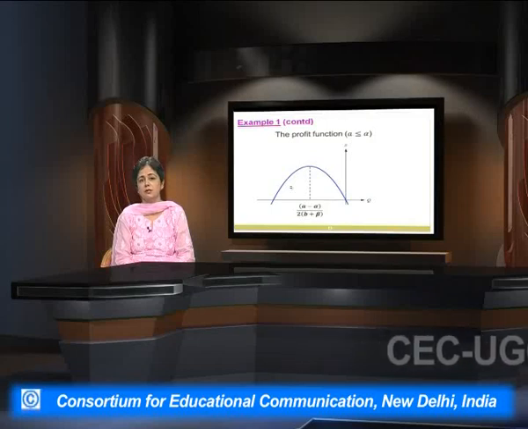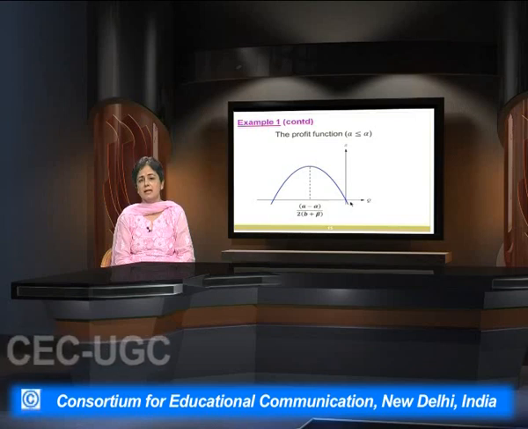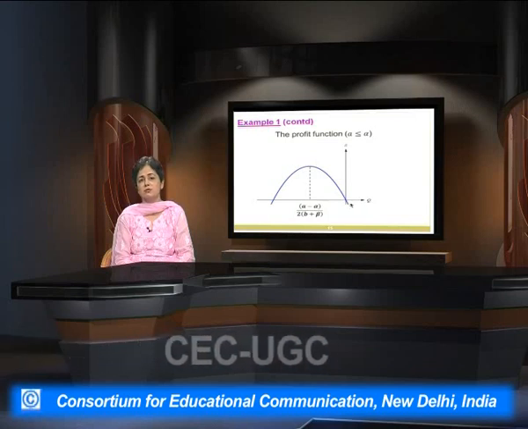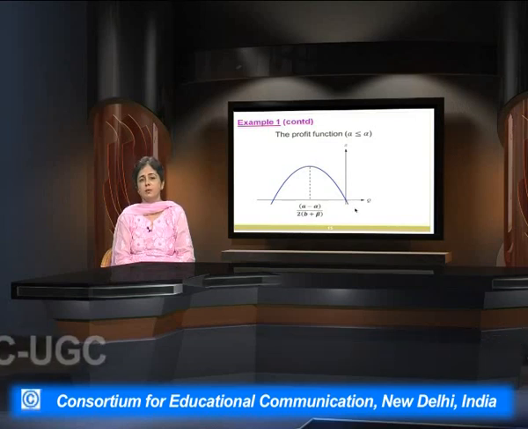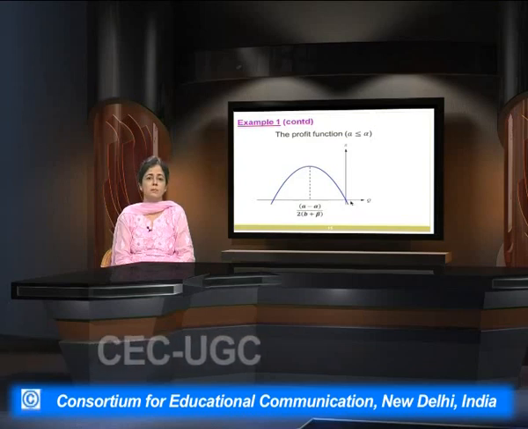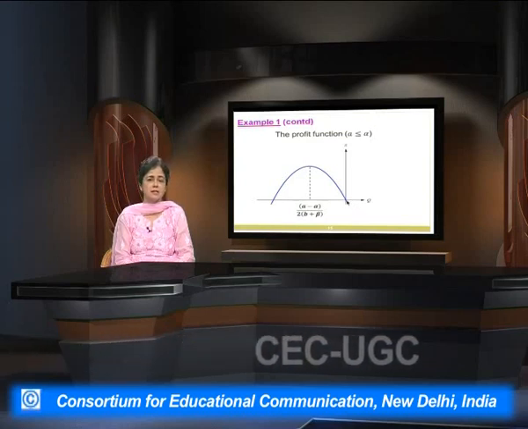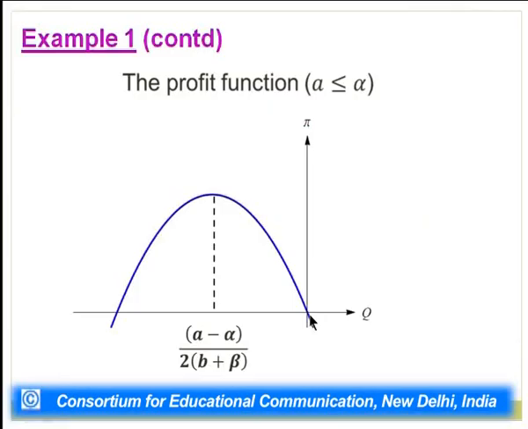Now, if you look closely at this graph, you'll notice that the firm can't even choose any positive level of quantity, because if you see where my cursor is right now, if it chooses any positive level of quantity, then what will happen? The profits will become negative. So the best that this firm can do here is that it should just not produce anything, so that the profits at the optimum are simply 0.